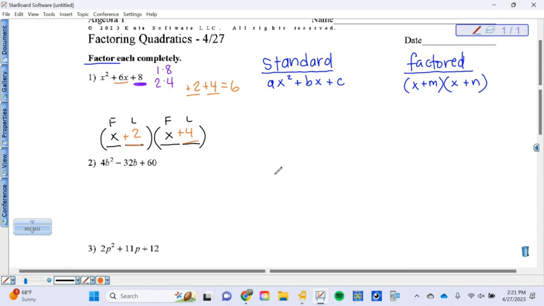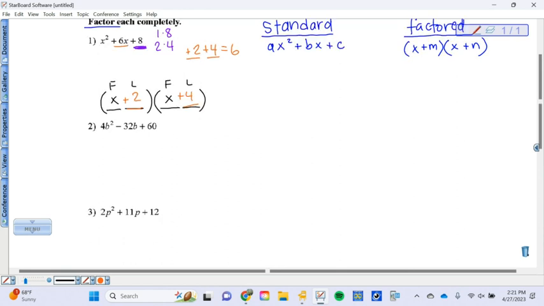Now we're taking it up a level. So in number 2, we still want to factor completely. We want to come up with two binomials that multiply together to get us back to this original expression. However, in this one, there is something that I can do first that's going to make my life a little easier.